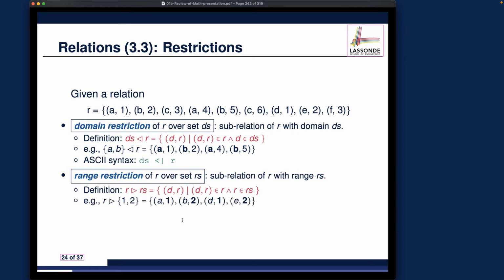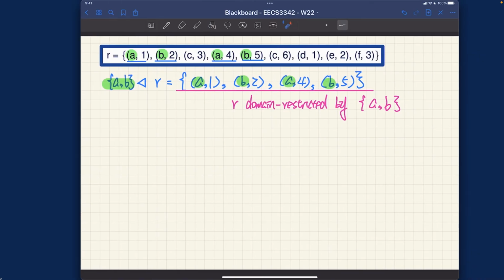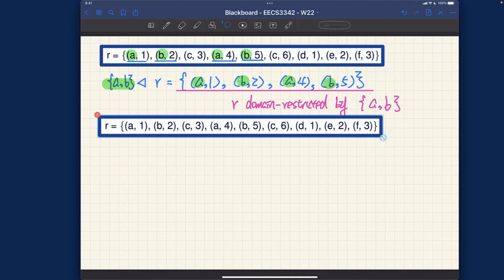Let's see one example. Let's say we want to range restrict to 1, 2. Okay, let me copy and paste the same relation as usual. That's number 2.